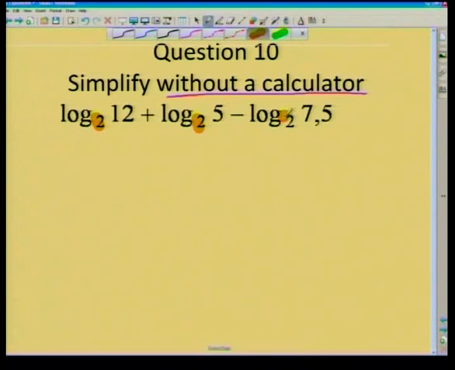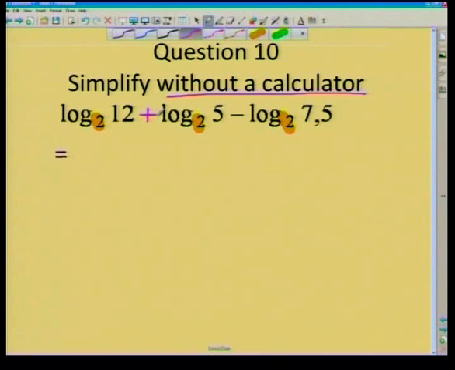The first thing I would do is I would check my bases. So I have base 2, base 2, base 2. So they're all the same kind of animal. So that means I can use my laws. So let's go along here and we can say that is equal to. Now, we know from our rules that adding means multiplying. So I would go, in fact, let's make it black so you know what I'm doing, log to the base 2.